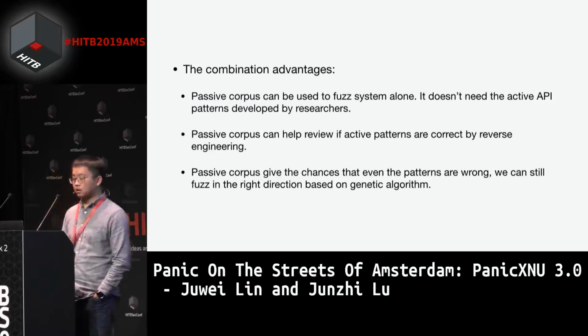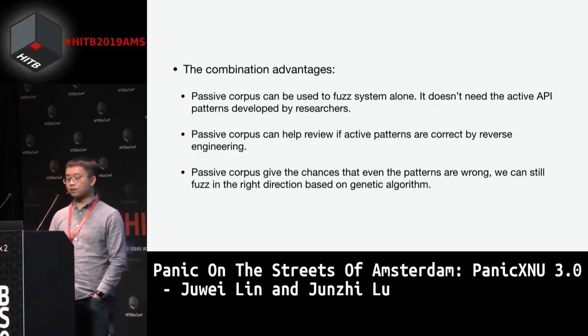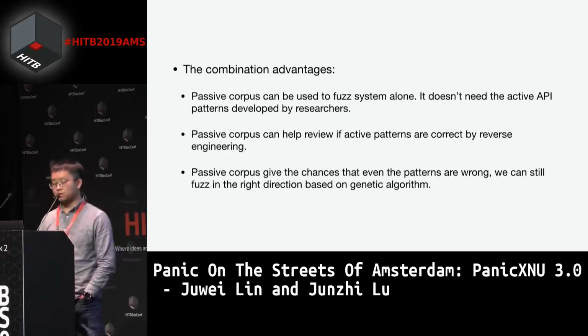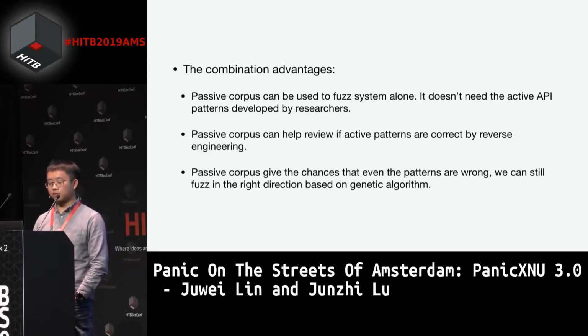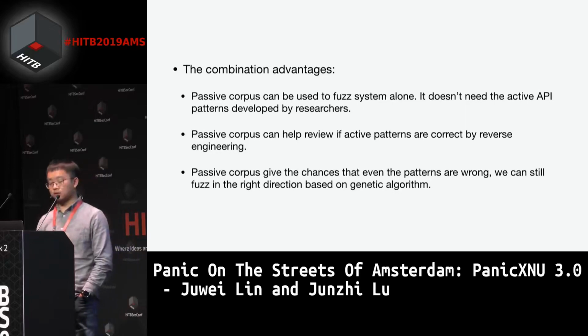The combination advantages here: I think the passive corpus can be used to fuzz the system alone. It doesn't need the active API patterns developed by the researchers, so we don't rely on reverse engineering so heavily. And the passive corpus can help review whether the active API patterns are correct. Even if the patterns are wrong, we can still fuzz in the right direction based on the genetic algorithm.